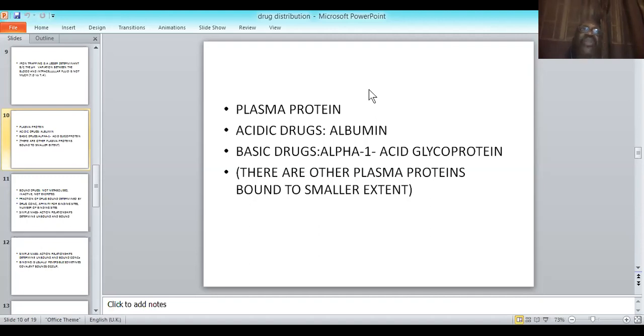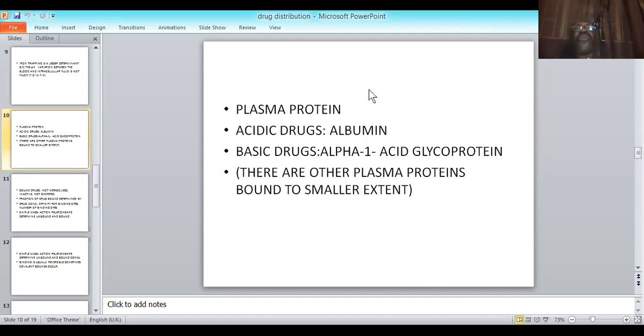Now, consider the bound and unbound drug. Let's say, for example, prednisolone is administered to a patient. Prednisolone is one drug that binds to plasma protein. The bound portion is in equilibrium with the unbound portion.